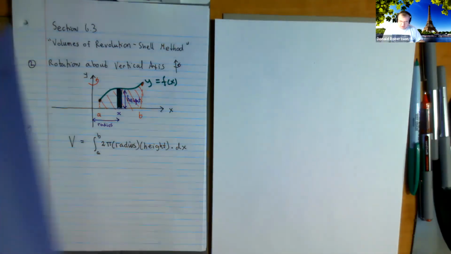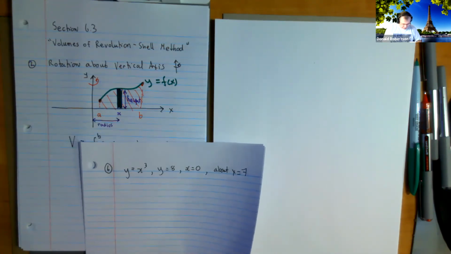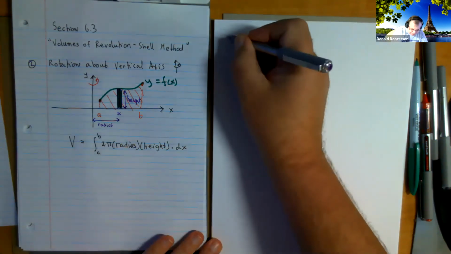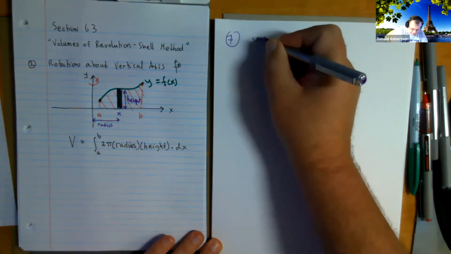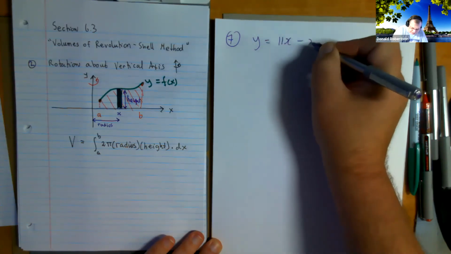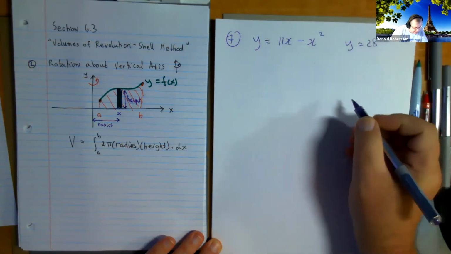Well, I'm going to try this. I know it'll be a quick one, but I'm going to go for it. Y equals, it's a weird one, 11x take away x squared. Y equals 28.